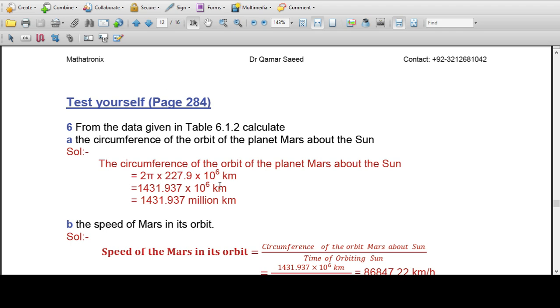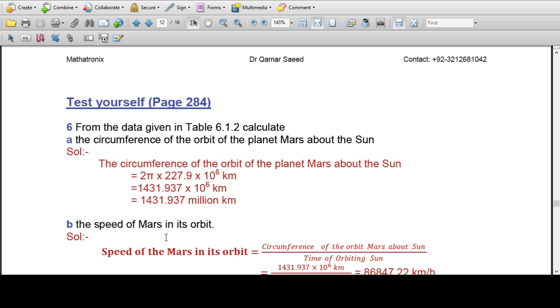This is the radial distance in kilometers, and we multiply it by 2π to get 1431.937 million kilometers. This is the orbital distance from the Sun, and this is the circumference of the orbit of Mars about the Sun.